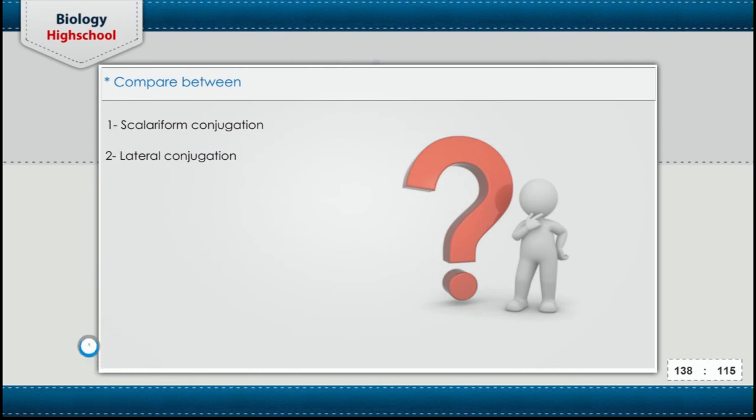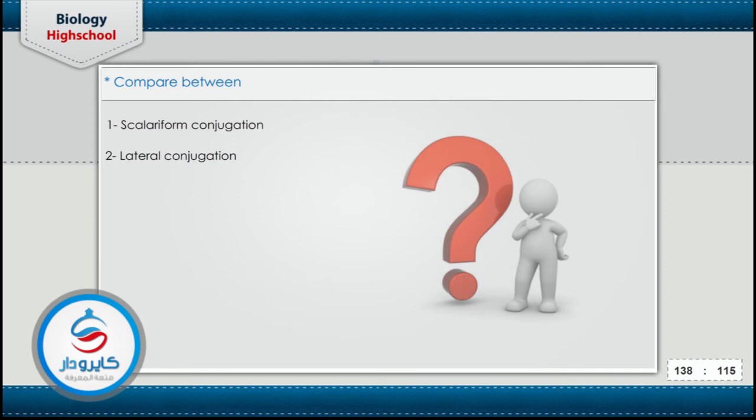The next one asks: compare between scalariform conjugation and lateral conjugation. Scalariform conjugation happens between what and what? What does scalariform mean? It means ladder. It means I want two parallel ribbons to each other and the presence of conjugation tubes formed between them in the form of the rungs of the ladder.